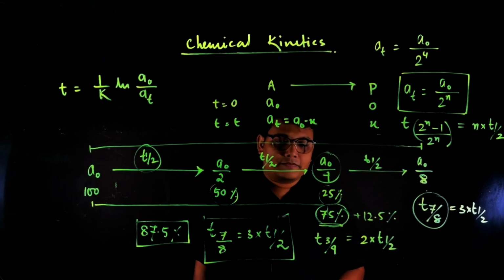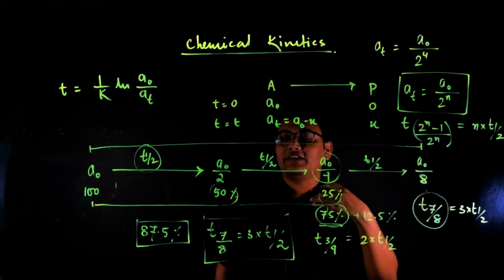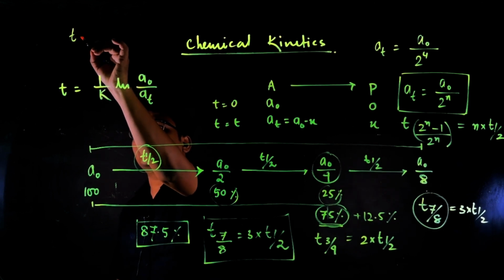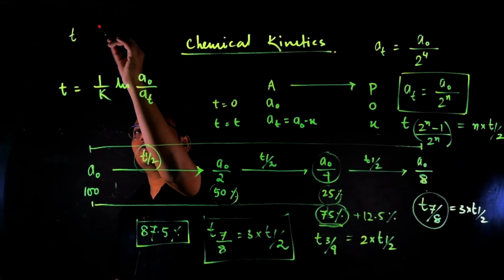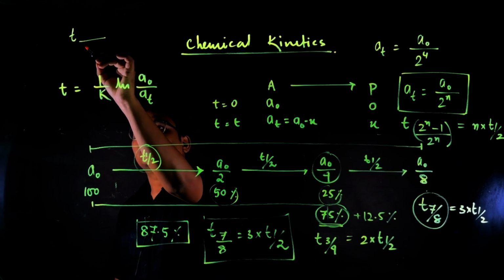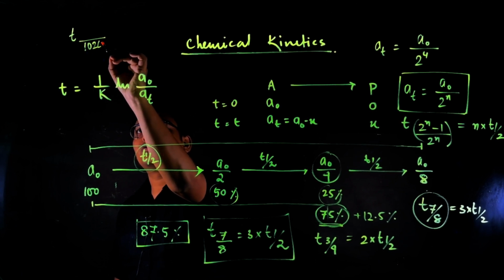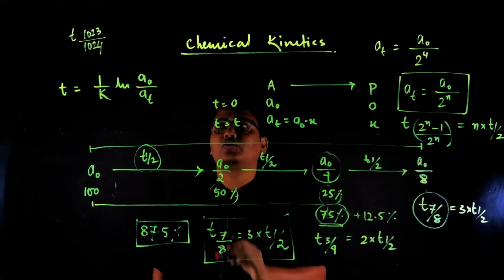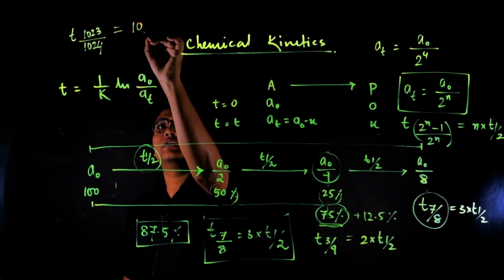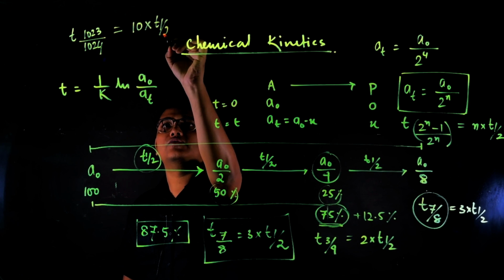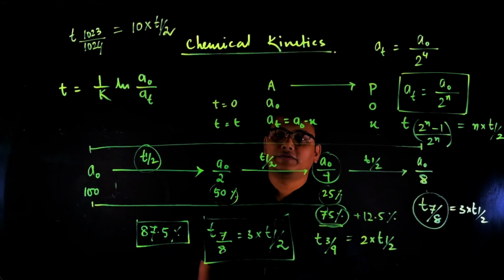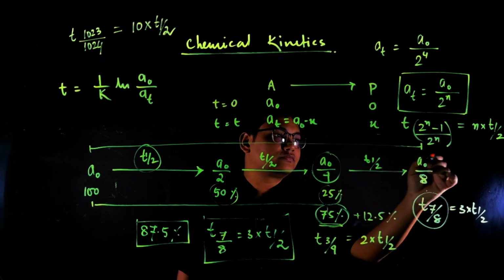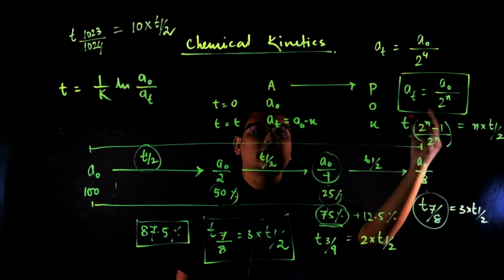Now see, if the reaction proceeds 99.9%, you know already that one. That will be t 1023 divided by 1024, and that will be approximately 10 into t half. So always remember, the denominator here will be 2 to the power n.